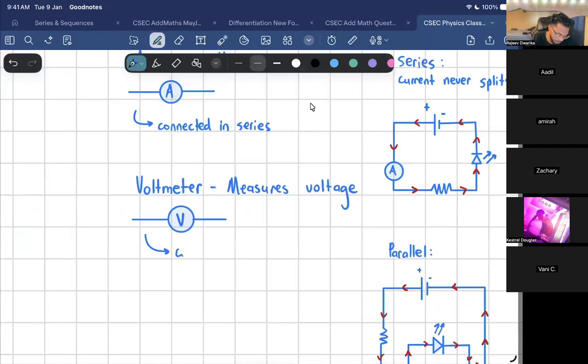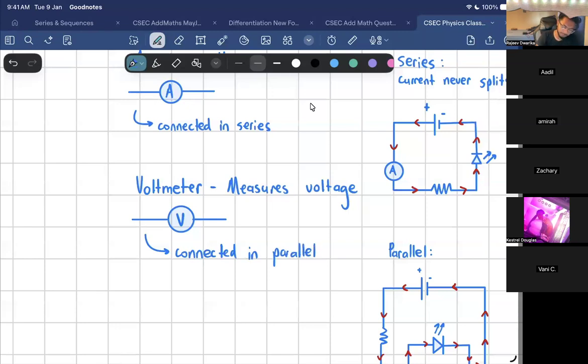Okay. Potential difference. You can think of it as the difference in voltage across 2 points. That's what it is. Connected in parallel.